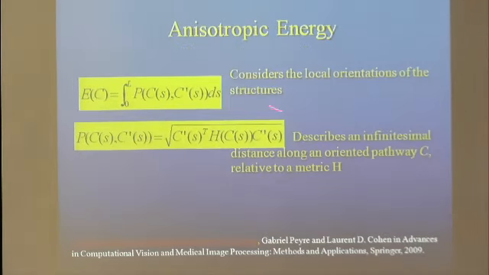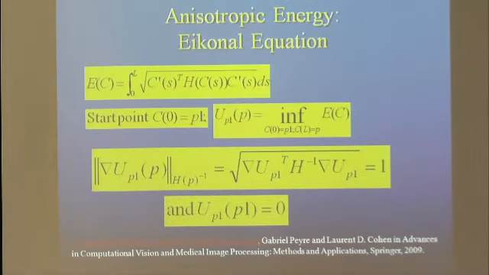So the nice thing about that is that you can extend the weighted distance result to this Riemannian metric, which means that defining the same way U_P1 as being the minimal energy from a starting point P1 to any point P in the image, you still get an eikonal equation, norm of gradient U equal 1, but the norm of gradient U is in the sense of the Riemannian metric, which means the metric according to H minus 1, where H is this matrix.